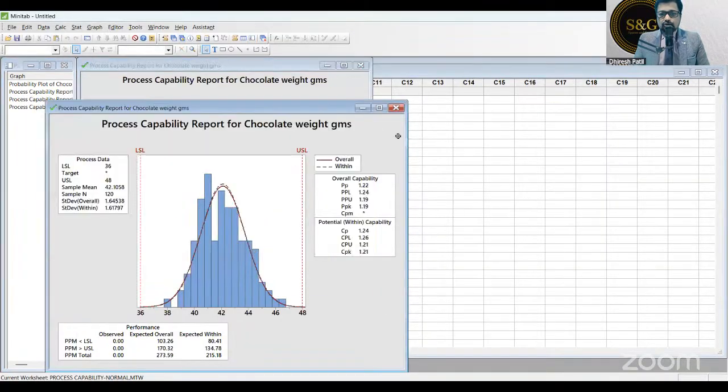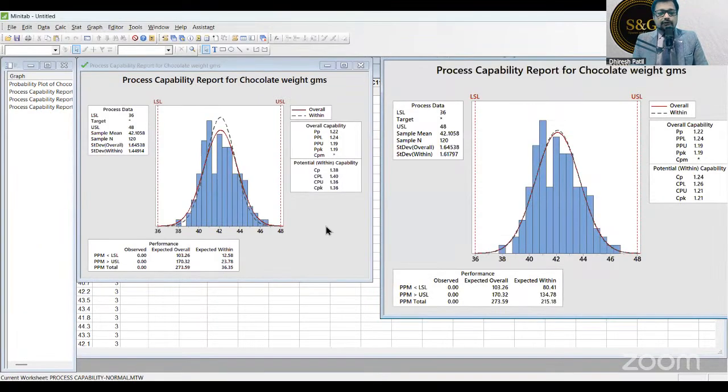Let's put both these graphs alongside each other. Look at this. Take 10, because the subgroup size is actually 10. Here, when we are using the overall process capability, it was showing 1.34, or 1.36.